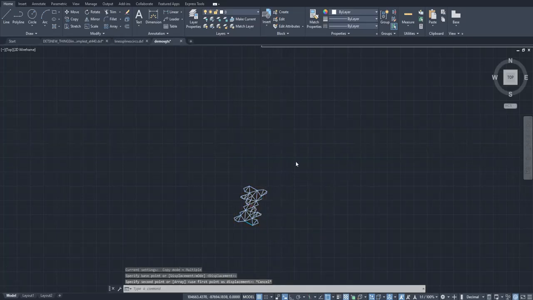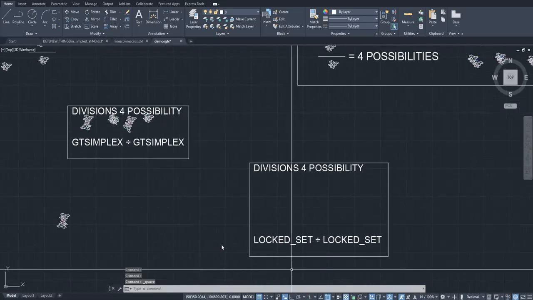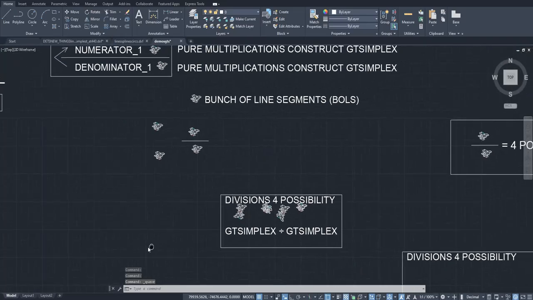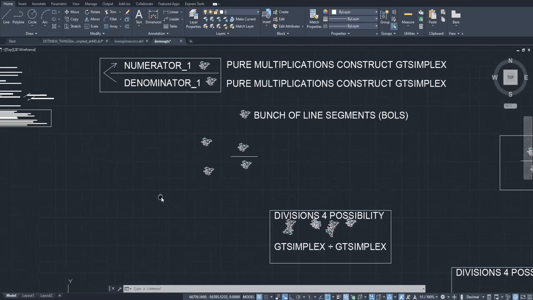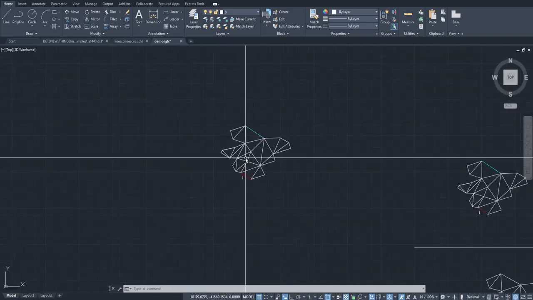These are the bunch of line segments. A bunch of line segments means either they are constructed with pure multiplication or pure division or due to the plus minus. Now I want to show you how the plus and minus works.